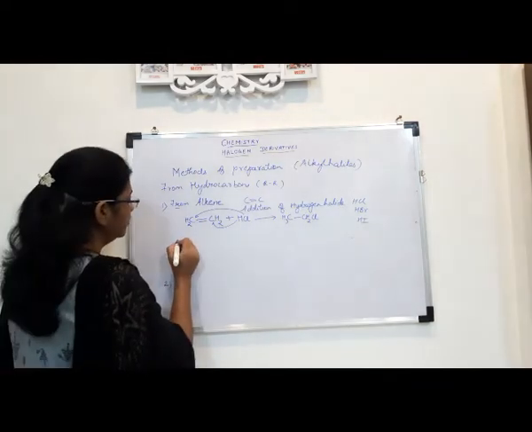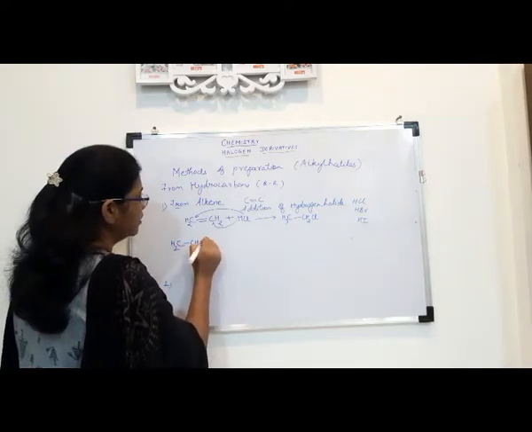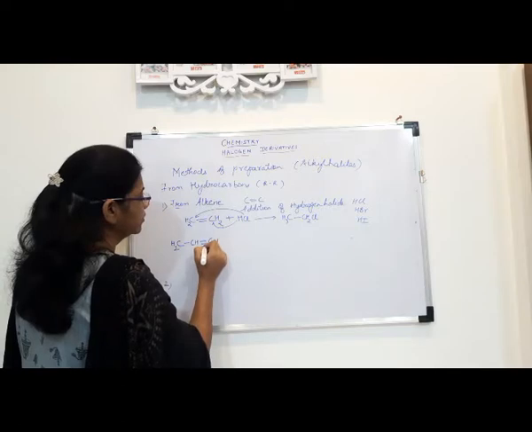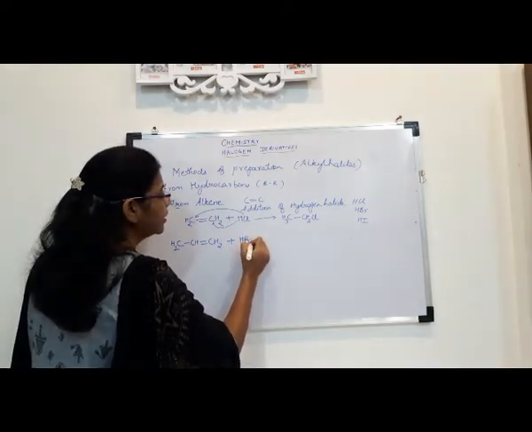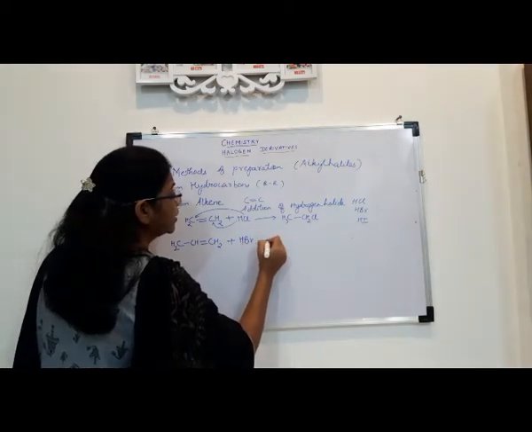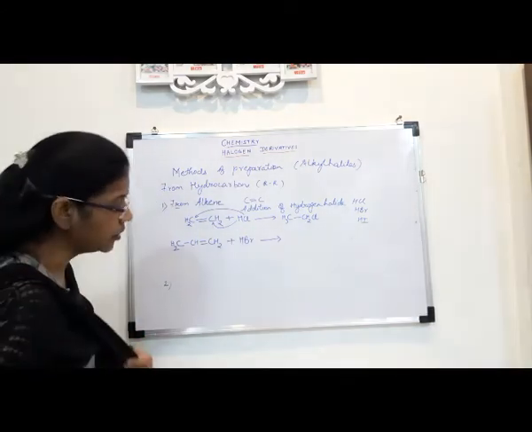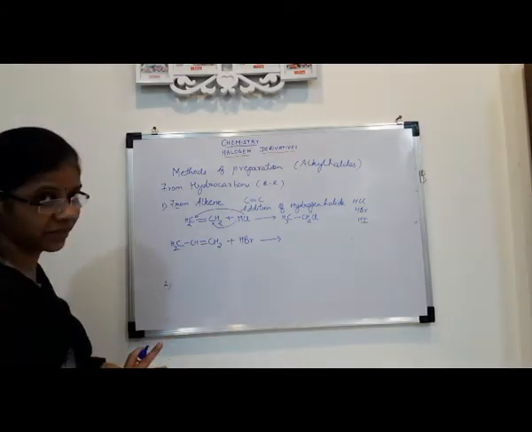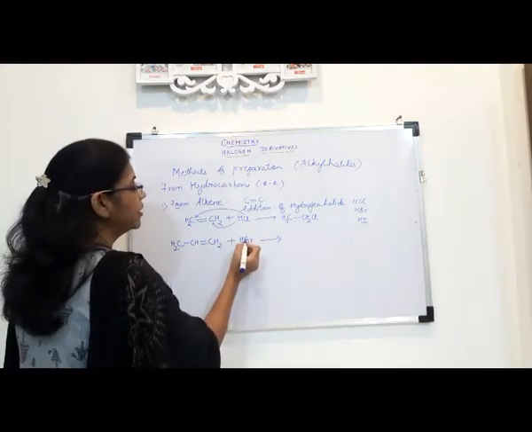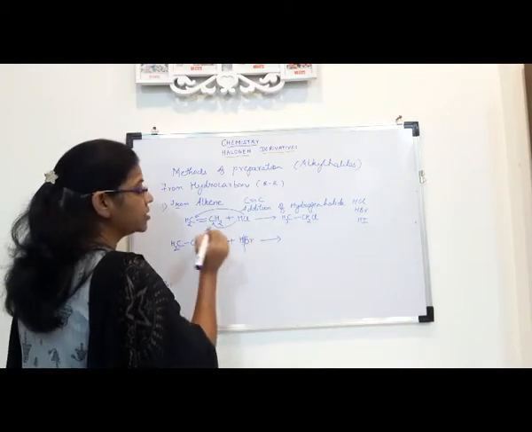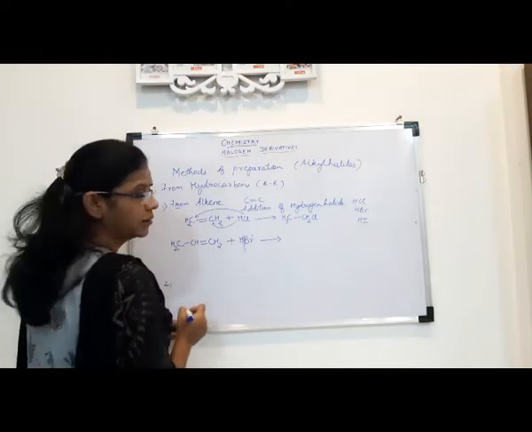Now the same thing, CH2 double bond CH2, plus we take the other hydrogen halide, that is HBr. Now what is happening in this case? HBr is an unsymmetrical reagent, H plus and Br minus.